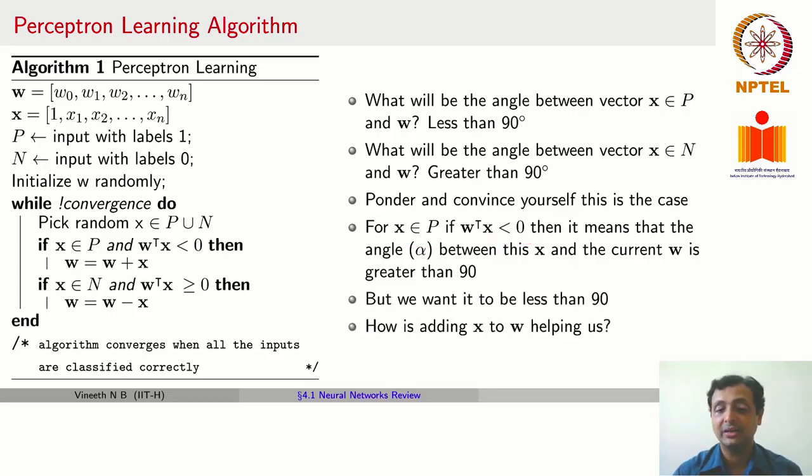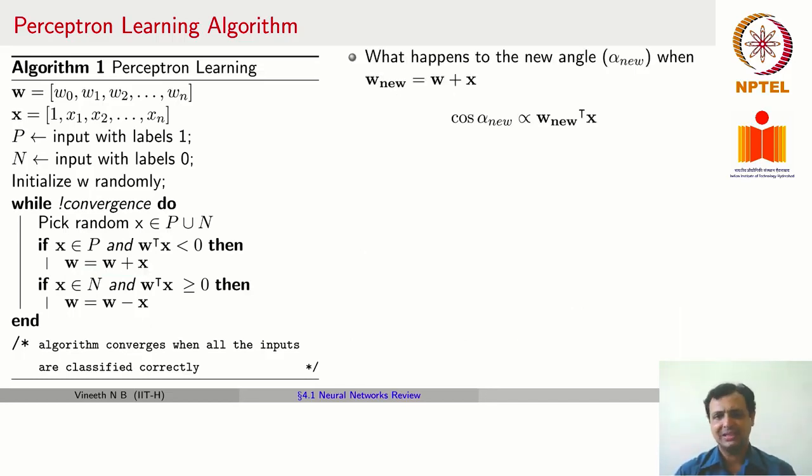We want it to be less than 90 degrees. We are going to add x to w to achieve this purpose and make the angle between w and this x belonging to P less than 90 degrees. Why do you think that helps? Let's understand that. Let's consider this w new to be w plus x, which means we have added that x which belonged to P to w and got a new w in the next iteration.